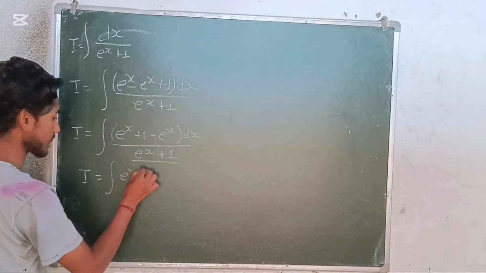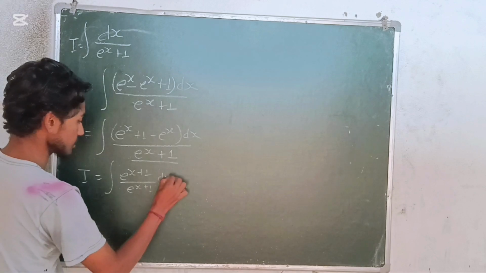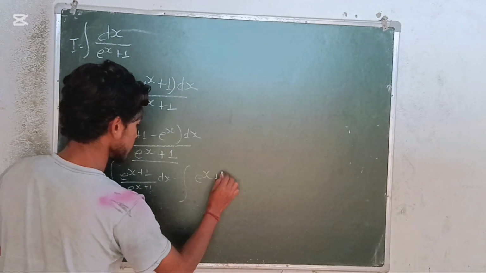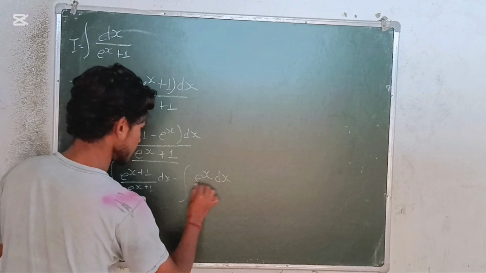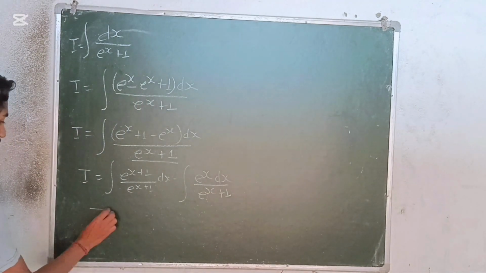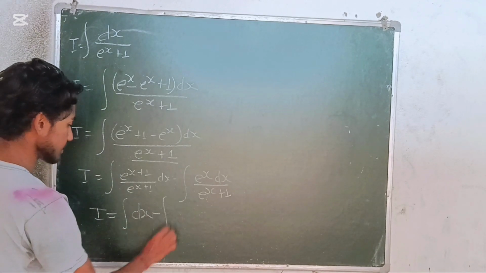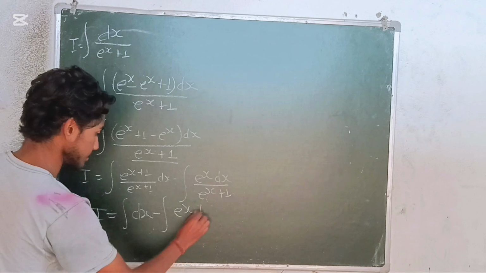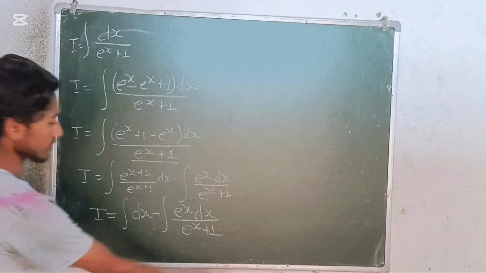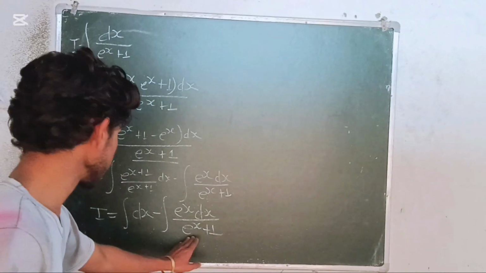So (e^x plus 1) by (e^x plus 1) dx minus the integral of e^x dx by e^x plus 1. So I is the integral of dx minus the integral of e^x dx over e^x plus 1.